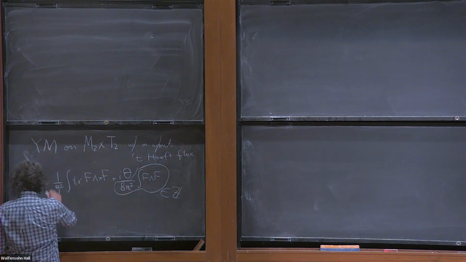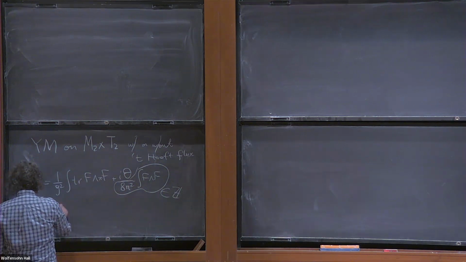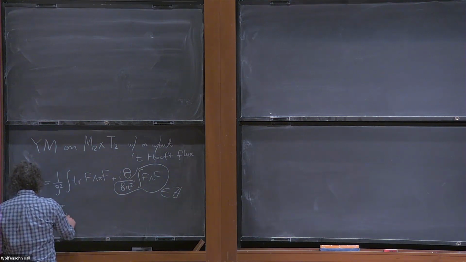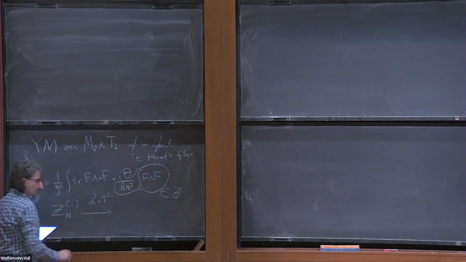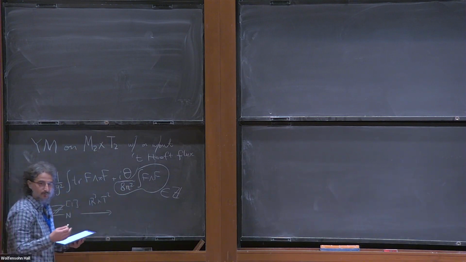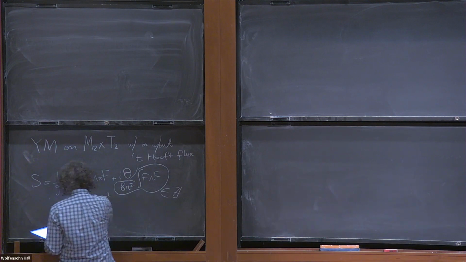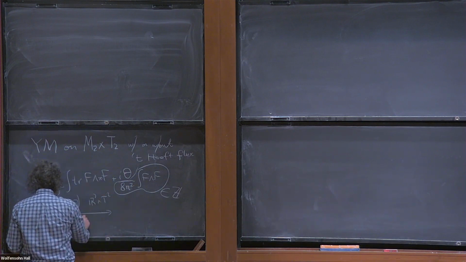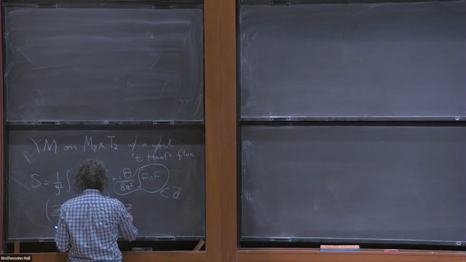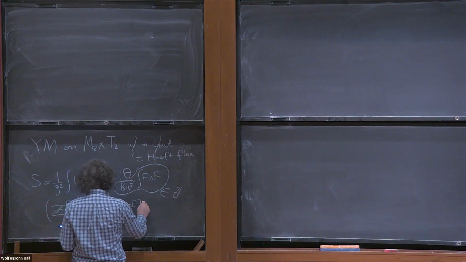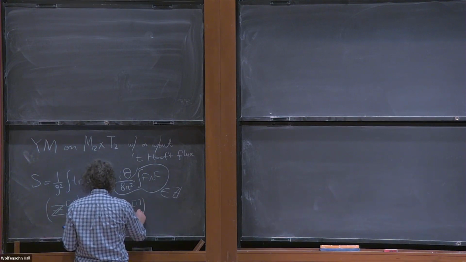Okay, I already stated the symmetries. The theory always has, on R4, a Z_N one-form symmetry, but if you consider it on R2 times T2, this one-form symmetry decomposes to, this is 4D, it decomposes to a two-dimensional one-form symmetry.